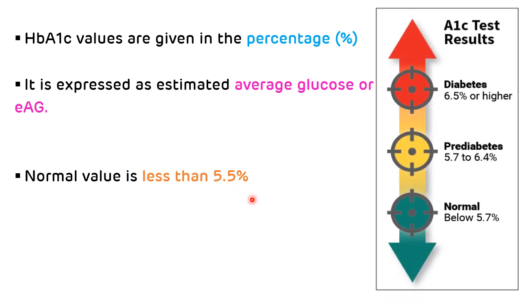If the person is having less than 5.5 percent HbA1c, then it is considered as normal. And as per the American Diabetes Association, if the HbA1c value is greater than 6.5 percent, then it is considered as diabetes. And if the value is in between 5.7 to 6.4 percent, then it is considered as pre-diabetes or impaired glucose tolerance.